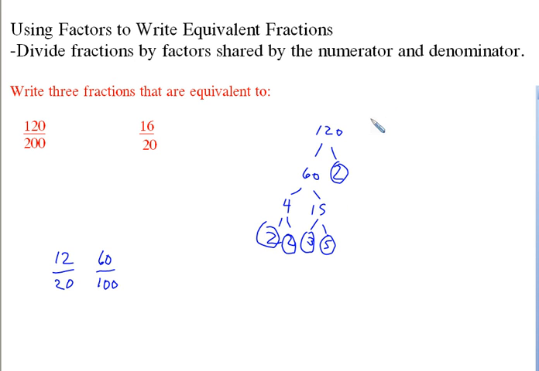Now 200 prime factorized is going to be, let's do 20 and 10, 5 and 2, 2 and 10.